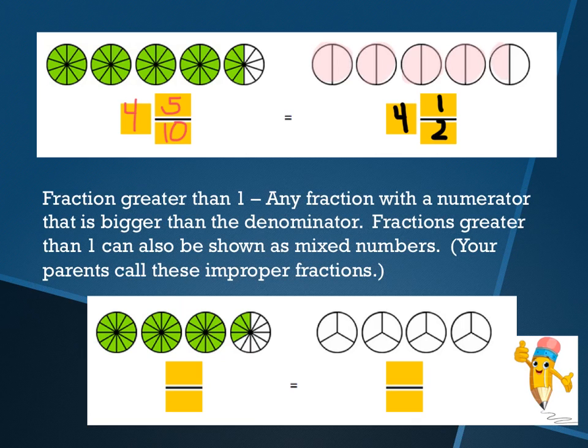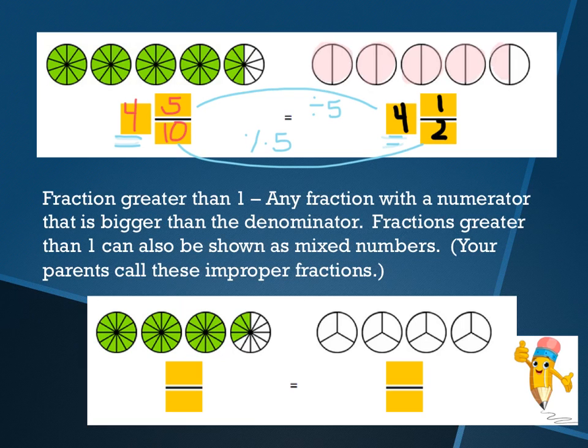If so, great job. In this problem, equivalence was found using division. The whole number 4 still stayed, but the fraction again changed to show 10 divided by 5 is 2, and 5 divided by 5 is 1. 4 and 5/10 is equal to 4½.